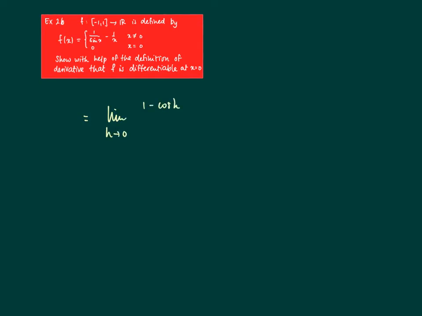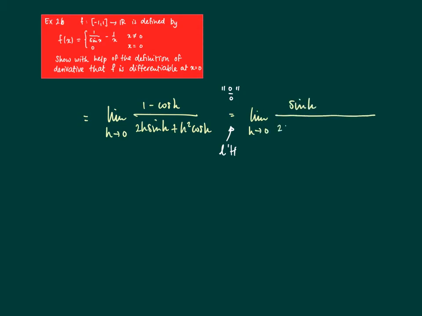It's going to be a little bit nasty, as you will soon find out. So we'll repeat the terms that we had. And again, this is a 0 over 0. 1 minus the cosine of 0 is 0. And since the sine vanishes and h vanishes, the denominator will vanish as well.